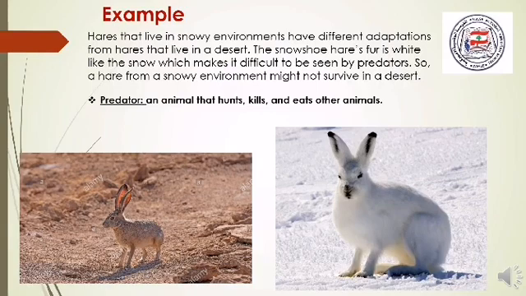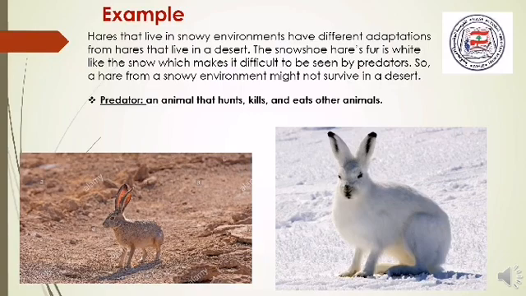A hare is a kind of large rabbit which has long ears. Look at the first picture. It is a hare that lives in a desert. Look at its color. It is similar to the sand. And the second picture shows the snowshoe hare, which has white fur, so the color of the snow.